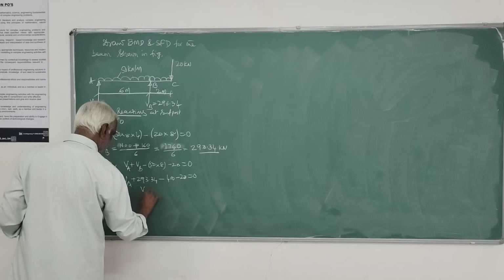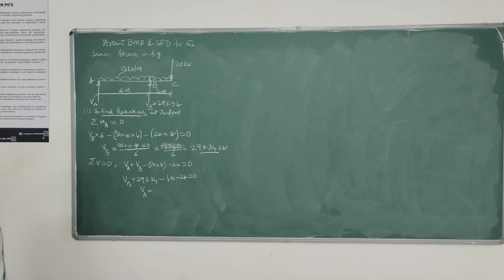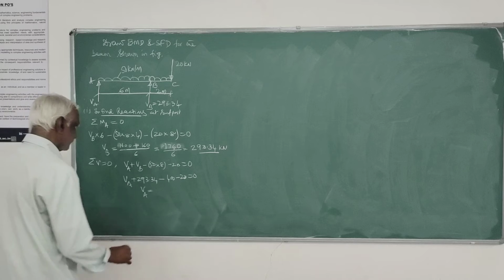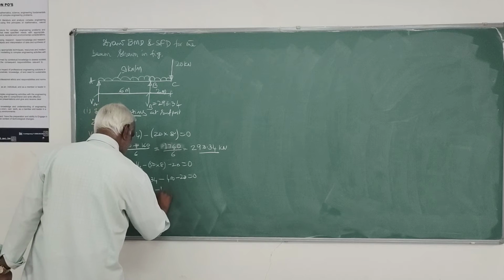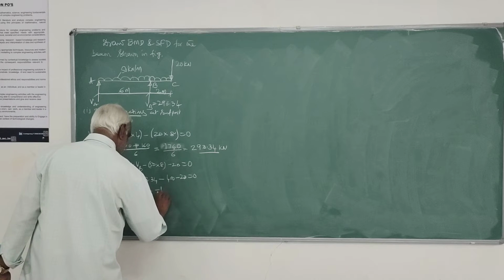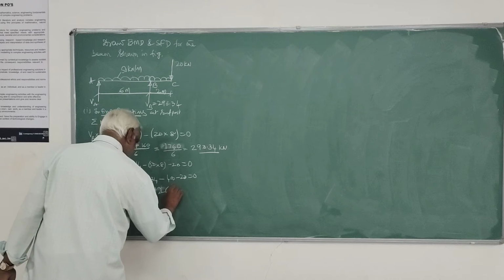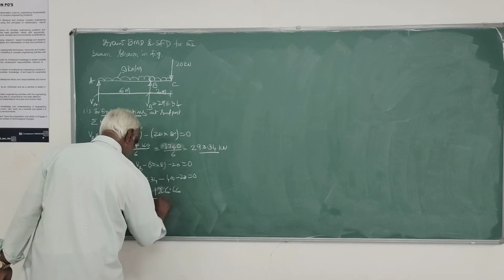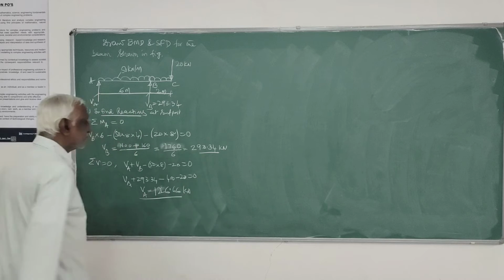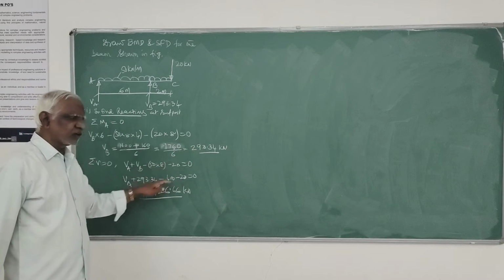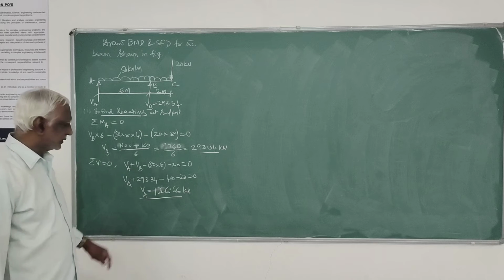You can simplify, you get VA minus 126.66. Sir, it will become plus, sir. 126.66 kilonewtons. So this sum should be 420, that you cross-check.